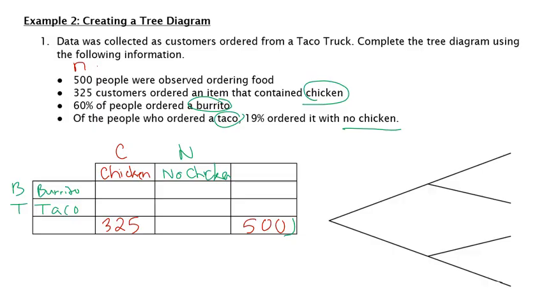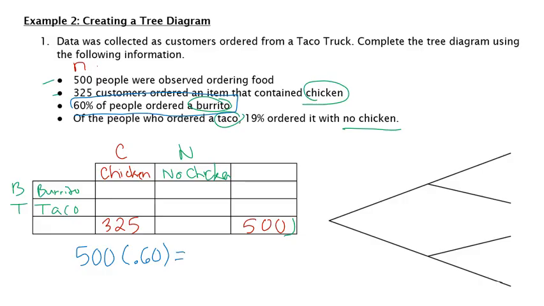So going back, we kind of did these bullets right here already. We then have 60% of people ordered a burrito. So of all the people, so of 500 people, 60% ordered a burrito. So I'm going to take that 500 and multiply it by 60%. But again, I have to write it as a decimal.